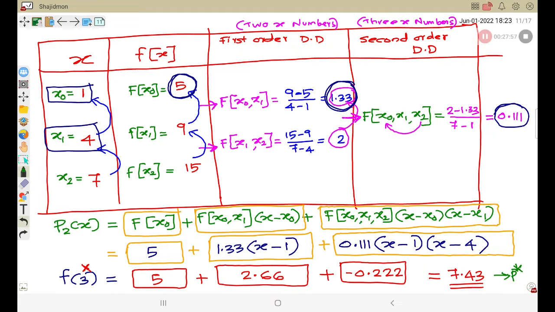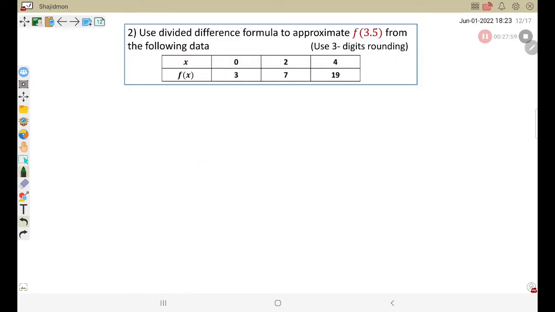Okay, now let's go to the second question. Use the divided difference formula to approximate f of 3.5. Just underline that. We need to calculate the P star value at 3.5 from the following data: x is 0, 2, 4 and f of x is 3, 7, 19. So we will start the divided difference table first.